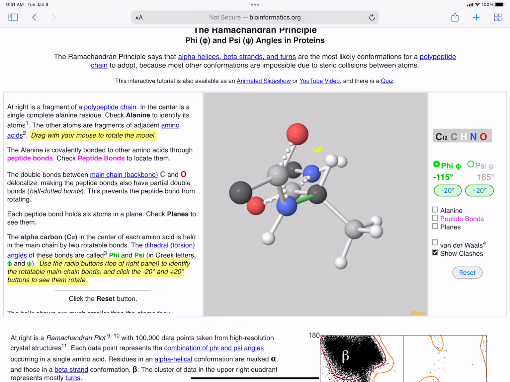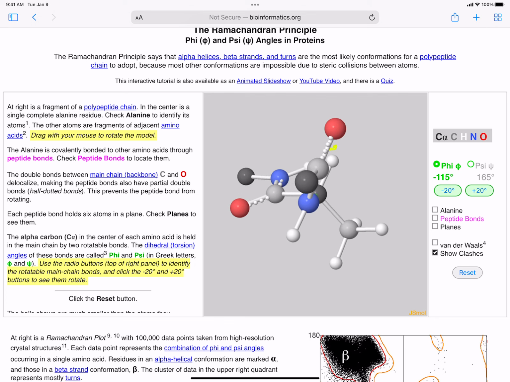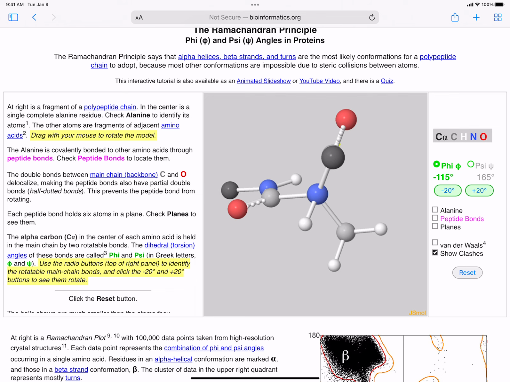This is the nitrogen, this is the alpha carbon, here's the proton, here's the side chain. And the angle phi is going to be the angle between this carbonyl carbon here and that carbonyl carbon there. So right now, phi equals minus 115, that's this angle.